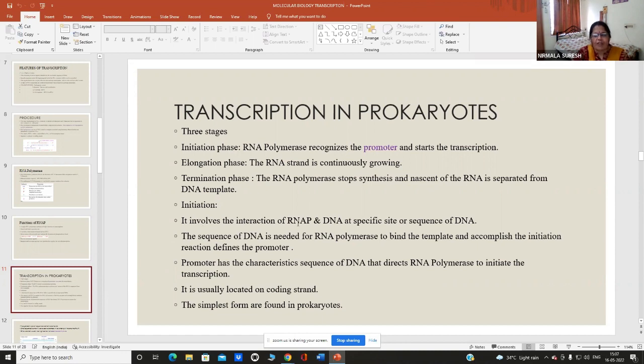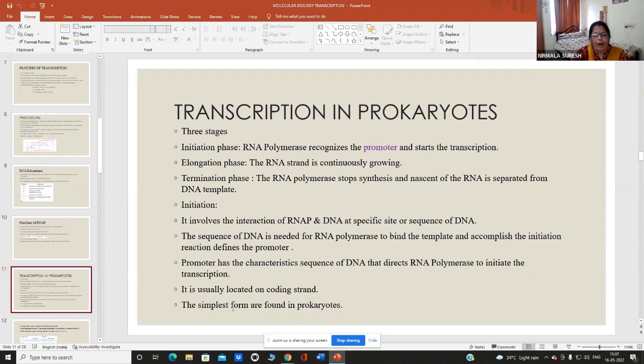Initiation involves interaction of RNA polymerase and DNA at a specific site. A sequence of DNA is needed for RNA polymerase to bind. So that means the RNA polymerase needs to search for the promoter sequence. The promoter has a characteristic sequence of DNA that directs RNA polymerase to initiate the transcription. It is usually located on the coding strand.